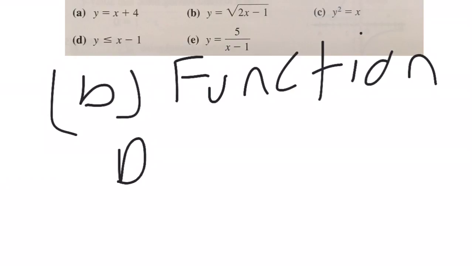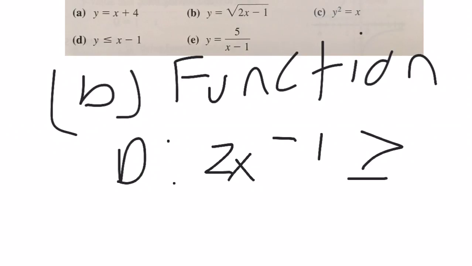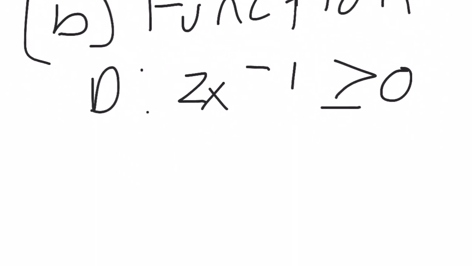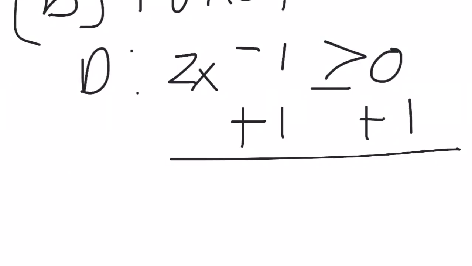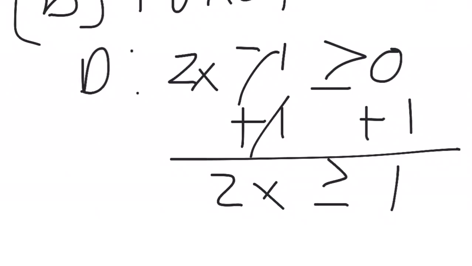Now, the domain. We cannot have a negative number underneath the radical, so this 2x minus 1, after you simplify it, must be greater than or equal to 0. Now we're going to solve for x, and that will tell us our domain. Since we're subtracting 1, we would add 1, so you have 2x. After those cancel out, it's greater than or equal to 1.